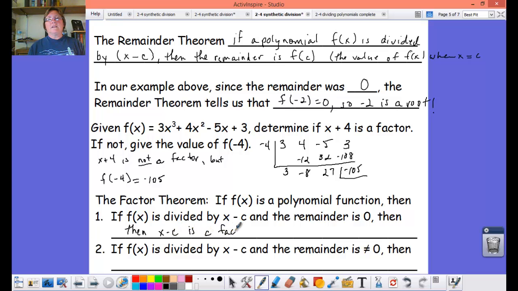Really, it's just what we set up there, just a little bit different words. If f of x is divided by x minus c and the remainder is not 0, then x minus c is not a factor.